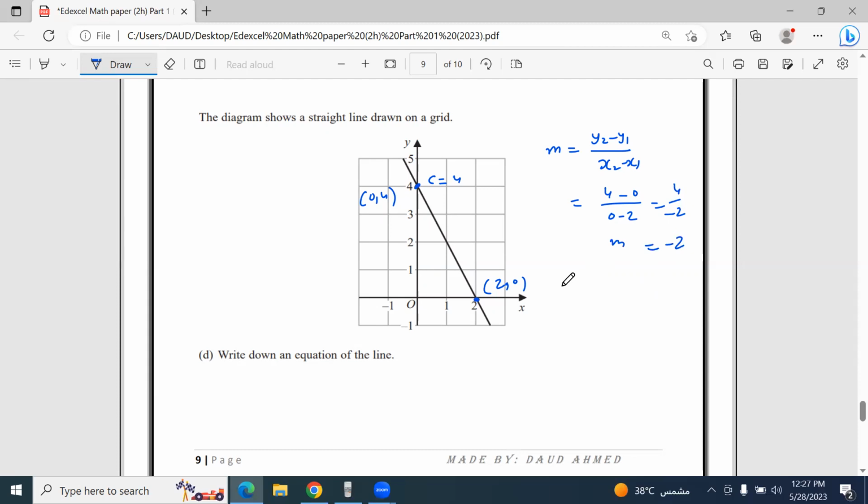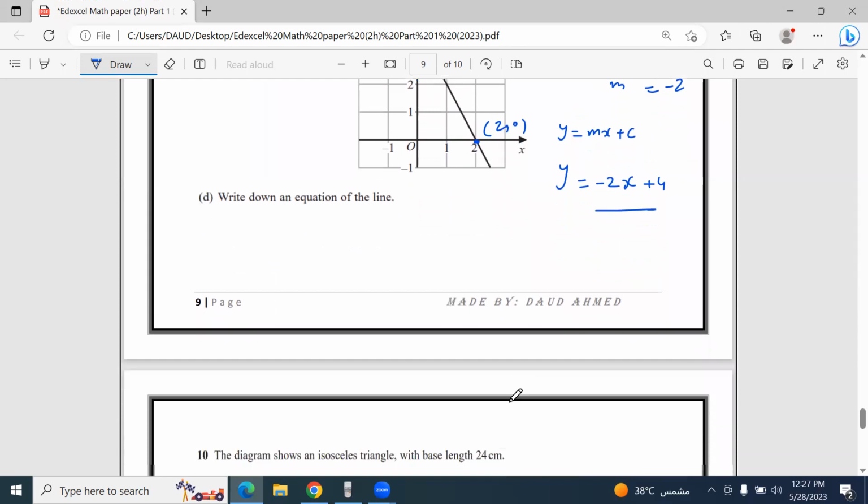And remember that the equation of a straight line is y equals mx plus c. So we find out m, which is minus 2, and c, which is the y-intercept point, is 4. So this is our required equation of the straight line. Next question.